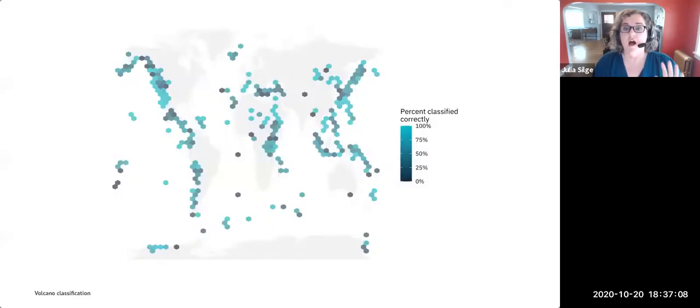However, not all plots for model evaluation are these kinds of standard idioms that are considered normal or typical in the machine learning community. So this is also an evaluation plot. It's for a model predicting the class of a volcano. And each hexagon shows the percent of volcanoes that have been classified correctly within that little region of the Earth.